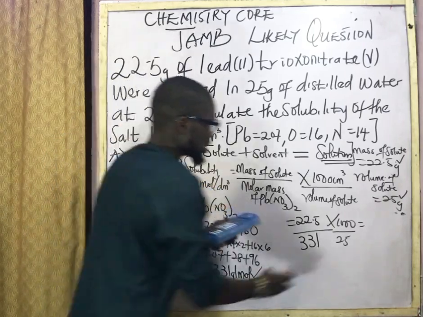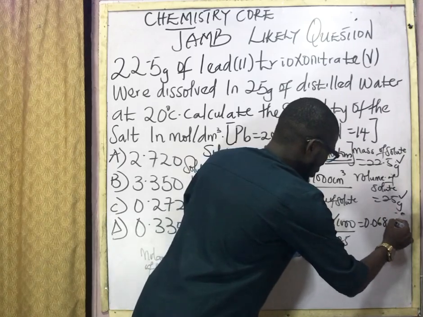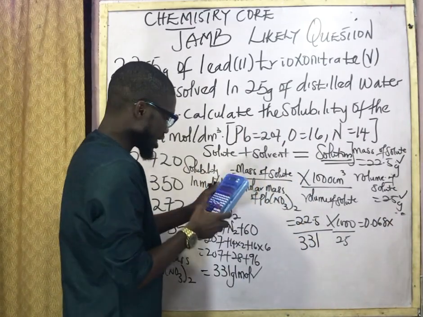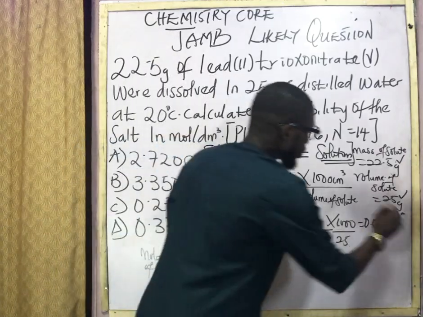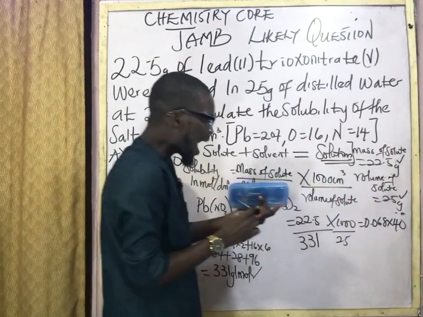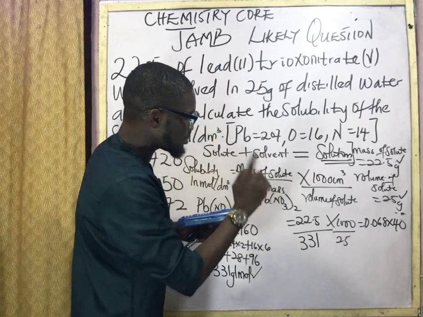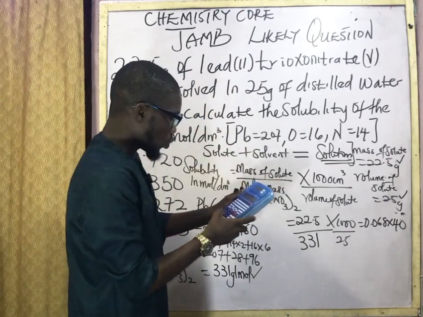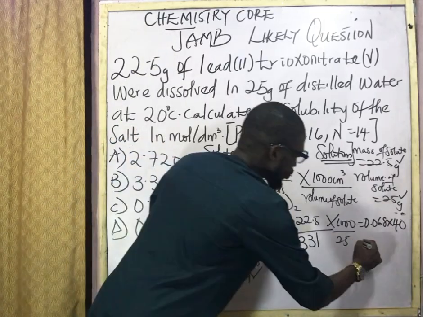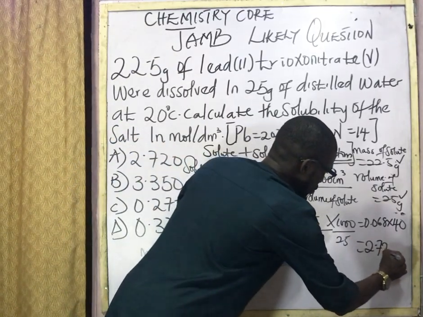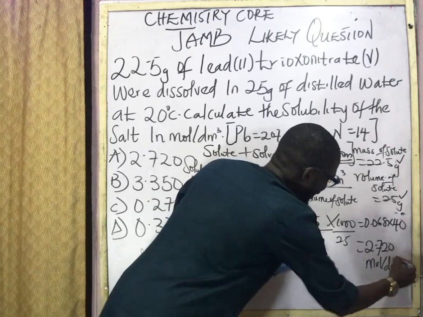In short form, you can say we have 0.068 multiplied by what? Then we said 1000 divided by 25, we have 40. So when 0.068 is being multiplied by 40, what are we going to have? Let's take a look at that. So guys, we have 2.720 mole per dm cube.